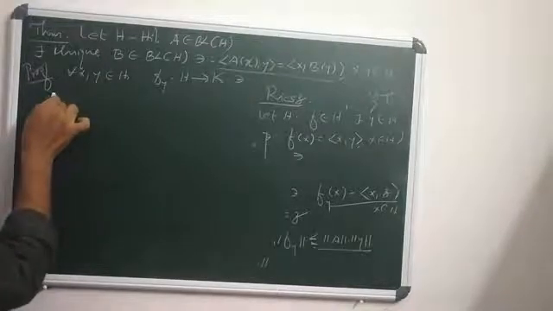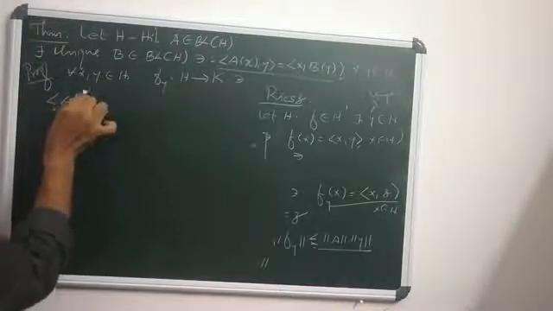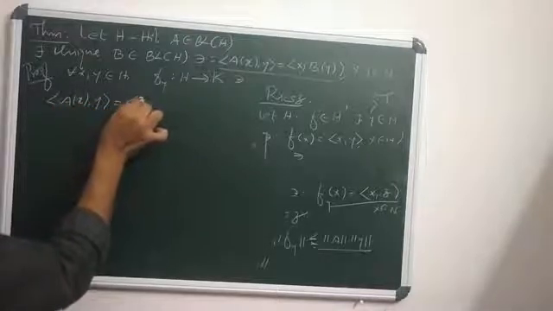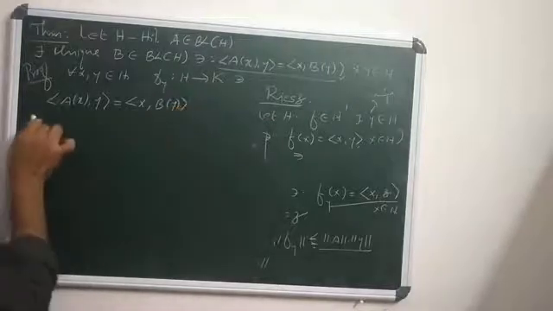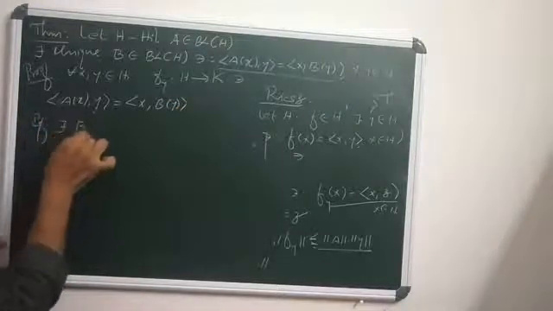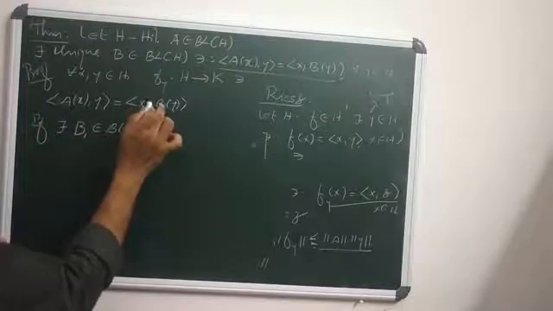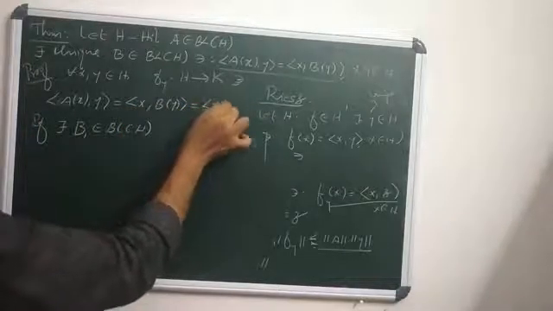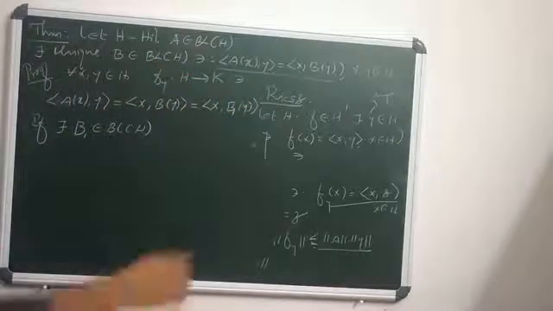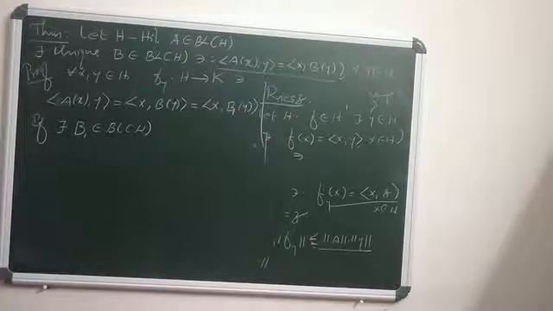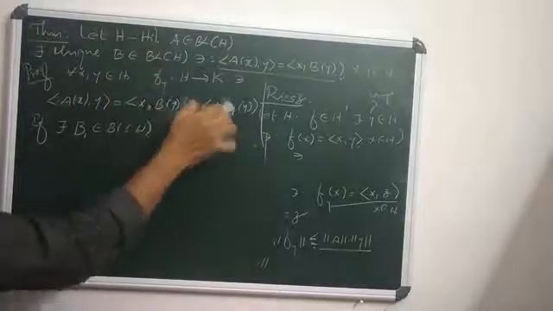If possible, suppose inner product AXY equals inner product X By, and there exists some B1 in BLH such that inner product AXY equals inner product X By equals inner product X B1Y.